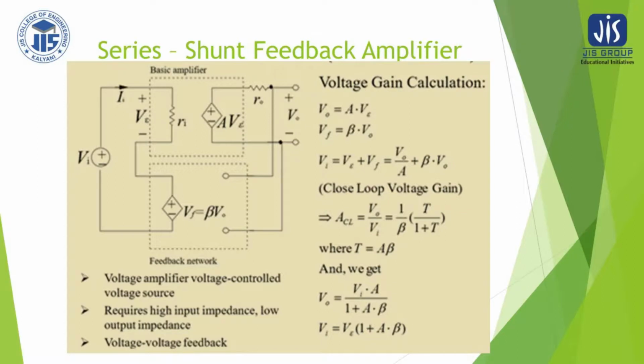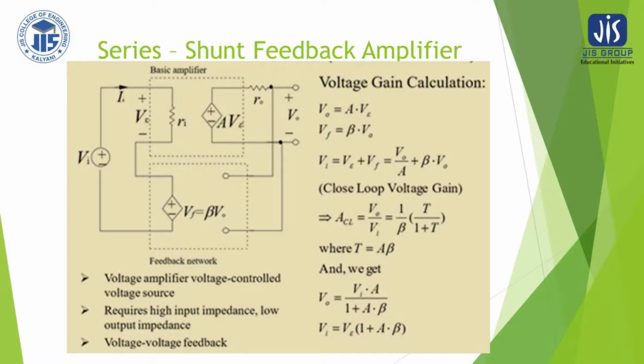At the output side, what we can write, what is I0 entering? I0 is V0 minus AV Vi divided by R0, because R0 is offering low impedance, so therefore most of the current will flow through R0. So therefore I0 can be written as V0 minus AV Vi divided by R0.